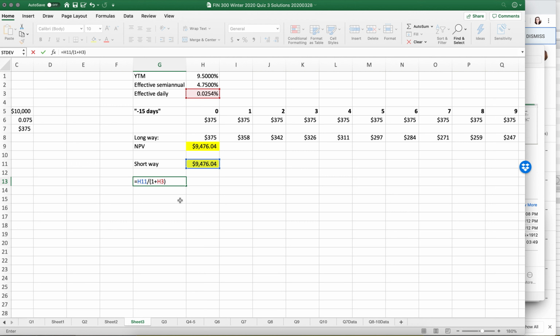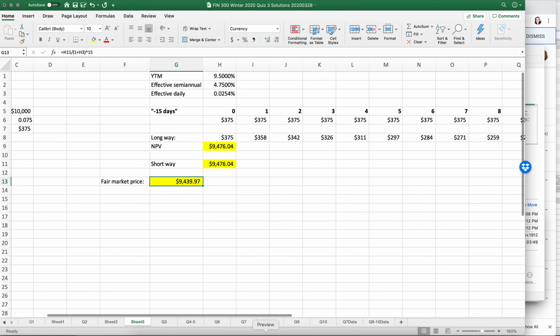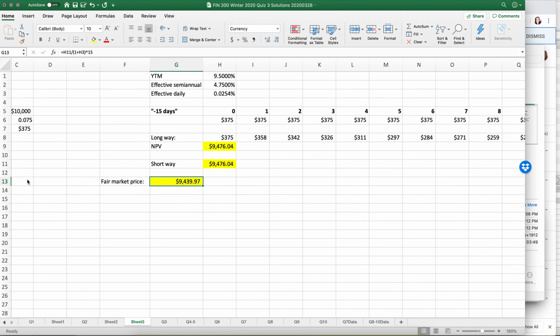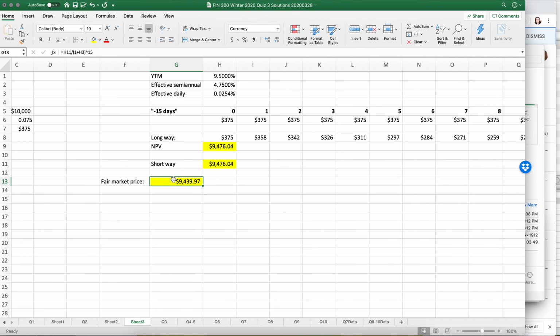That's the effective daily rate to the power of 15 because there's 15 days. And lo and behold, the fair market price is going to be $9,439.97. I'm guessing that the 67 cents has to do with a rounding error. You would not have to get it that close on the exam. But that's the way that you do it, and that is the solution to this problem.